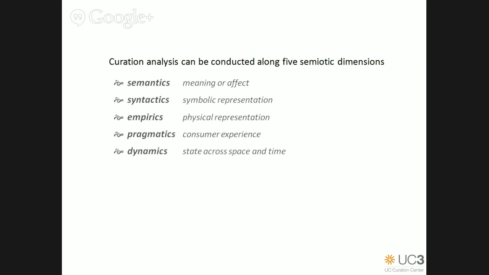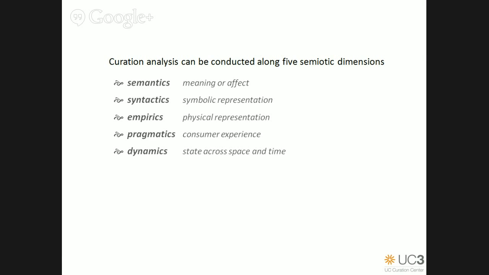So I think that curation analysis can very profitably be done along 5 semiotic axes or dimensions. Semantics, which is concerned with the relationships that adhere between content and its underlying meaning or affect. Syntactics, the relationship between content and its symbolic representations.